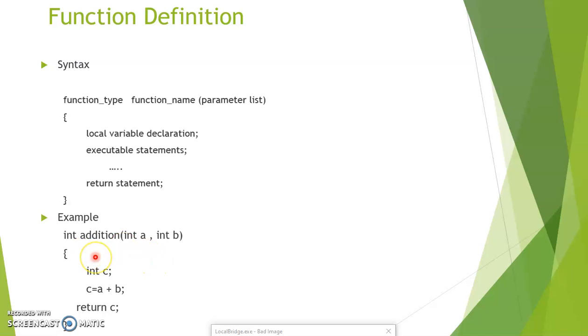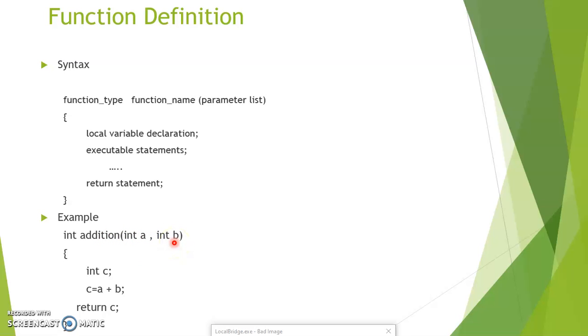Here I am defining a function addition. Function type is integer, meaning this function is returning an integer value. Name of the function is addition and parameters are int a, int b.